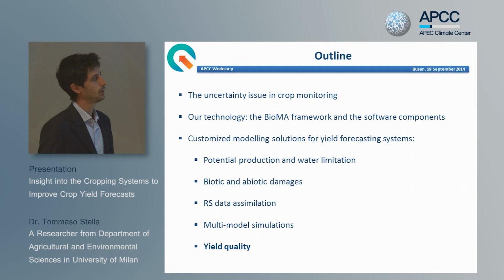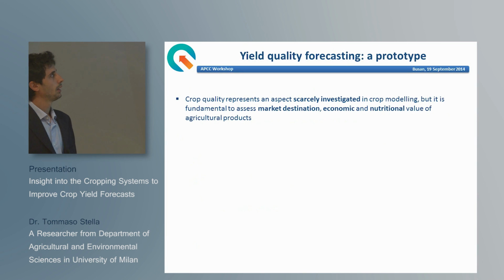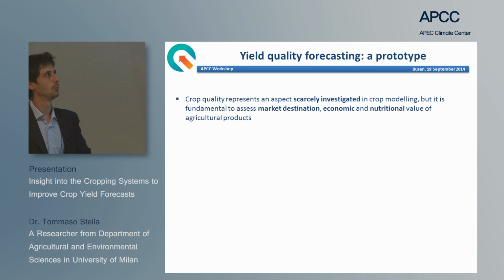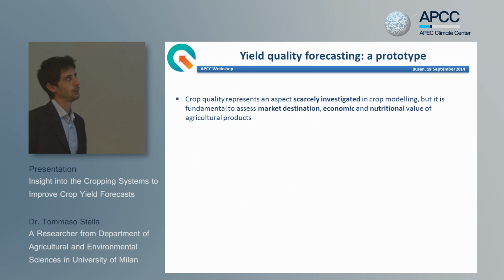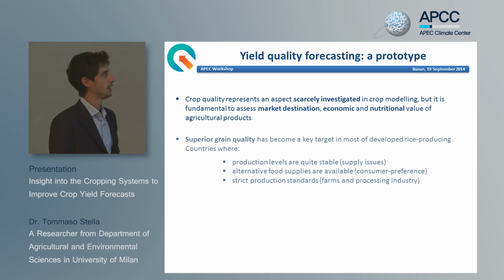So I will skip it, and I would like to talk to you about the yield quality prediction. Crop quality represents an aspect scarcely investigated in crop modeling, but it is a fundamental factor to assess market destination, economic and nutritional value of agricultural products.